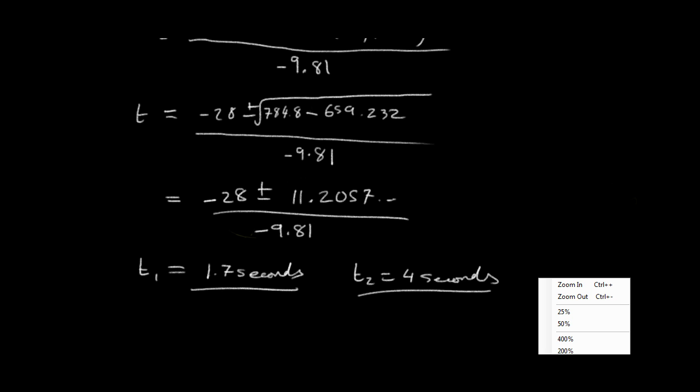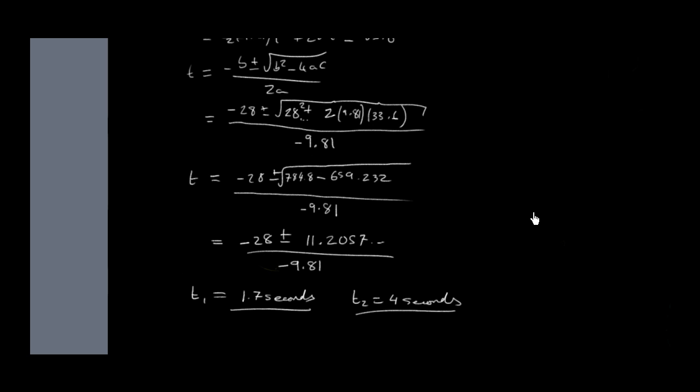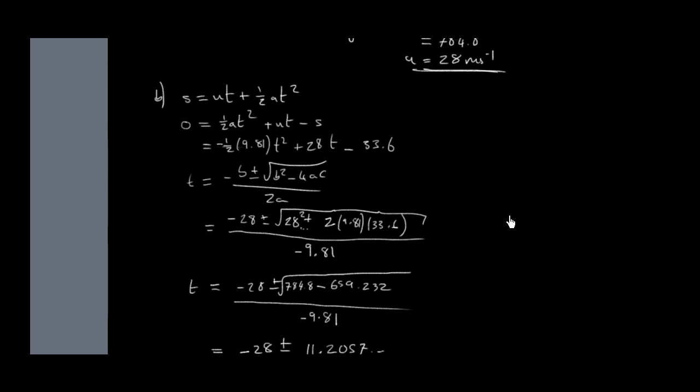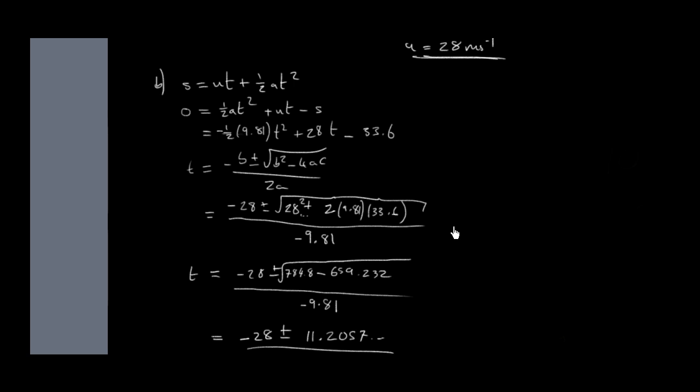Okay, so let's zoom out here a little bit and have a look at what we've done. They asked us for 2 times, and so I said, well, this is a quadratic equation, so I can move things around and form a quadratic in this form here, which is y is equal to ax squared plus bx plus c, where y is 0, that when you want to find the roots, then you make this 0, right?